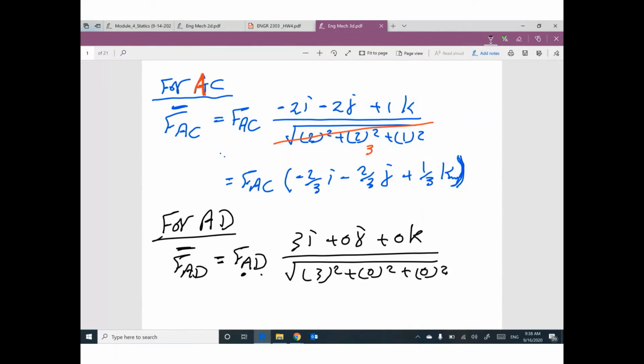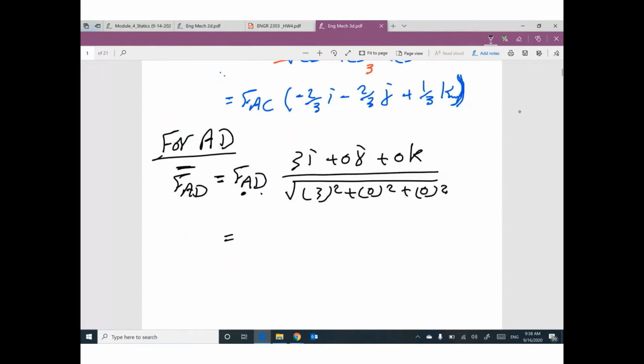Your final answer will be FAD times 1i, 0j, 0k. Do you have any more forces? No, I am done. We have only 4 forces.